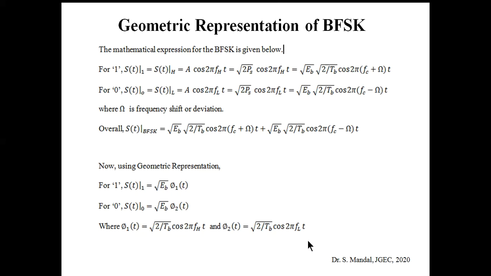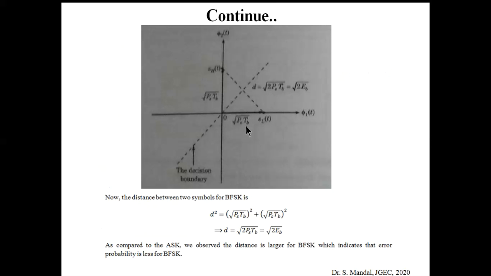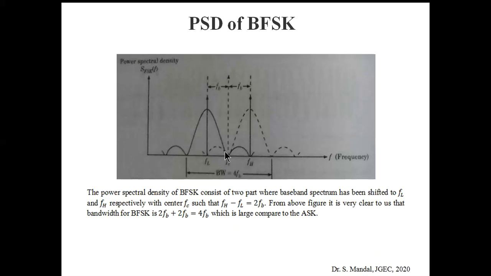So this is basically the geometric representation of BFSK, and from there we have drawn the corresponding signal space diagram. Now coming to the PSD of BFSK, if we draw the power spectral density of binary frequency shift keying, we can see that the spectrum of the original baseband signal has been shifted to 2 points. First one is FH and second one is FL, such that the distance between them is 2 FB.